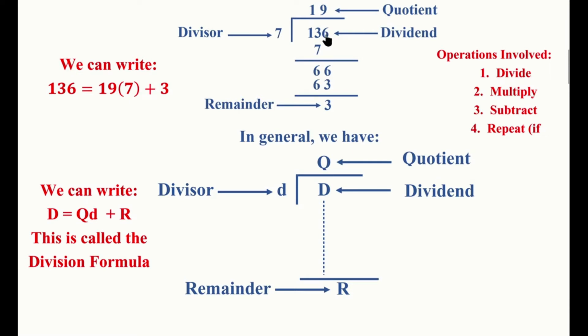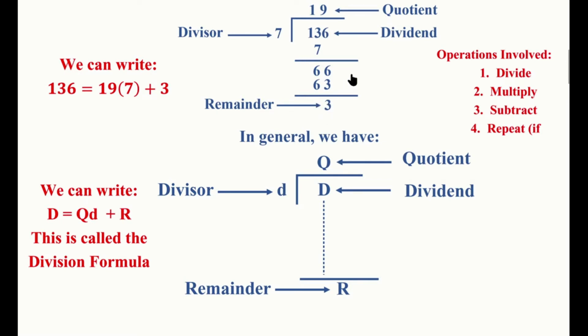We get a 6, then we bring the next number down and we see if 7 goes into that, and it does 9 times. We multiply, we write the answer here, we subtract. So now we can no longer keep going because this is less than that, so 7 doesn't go into 3.